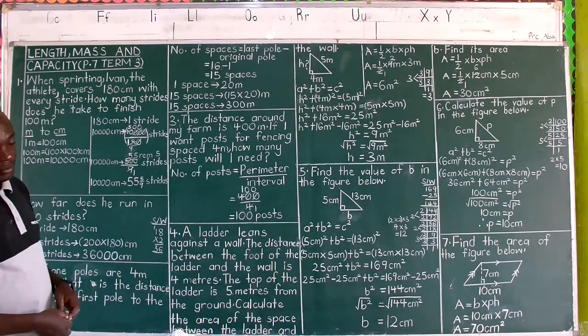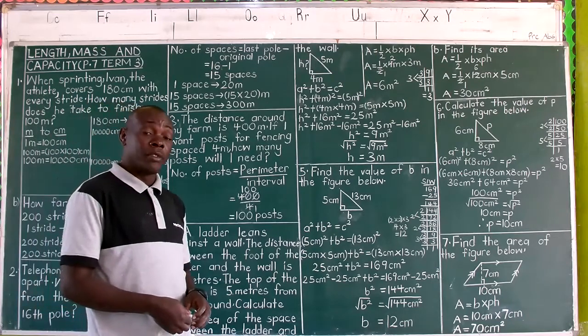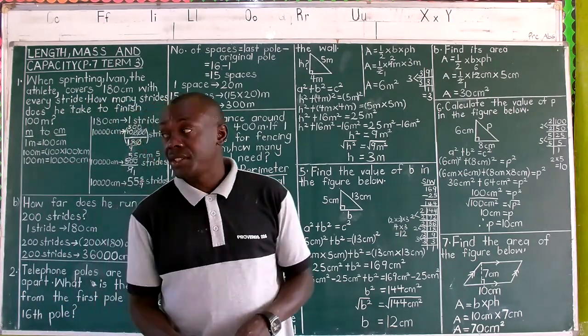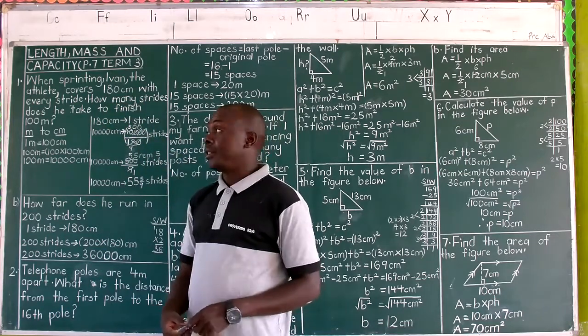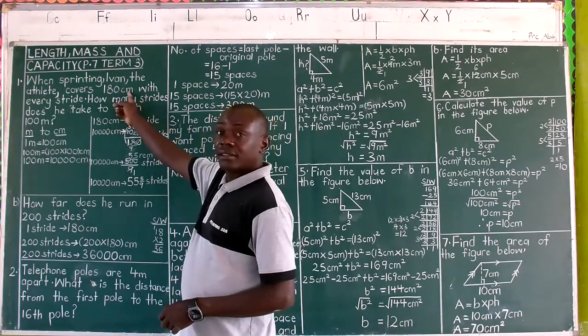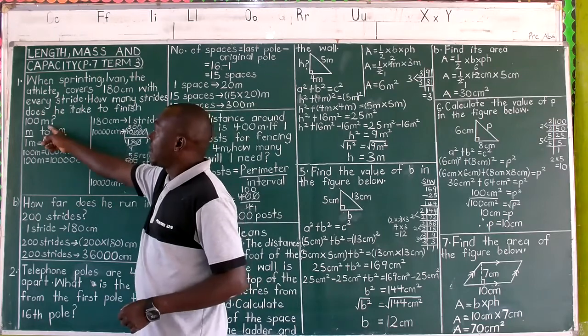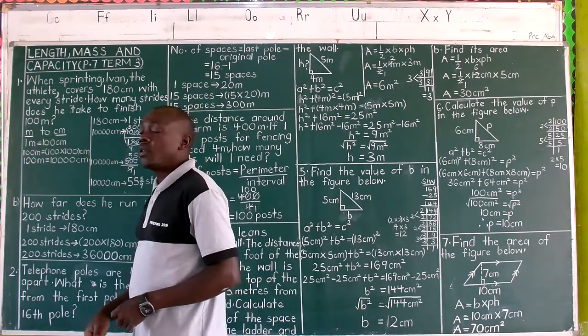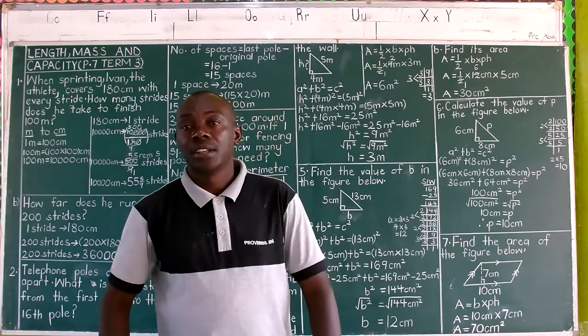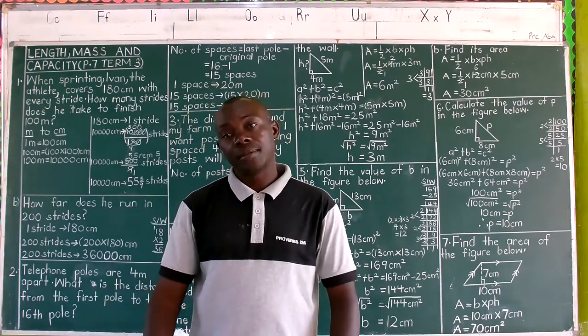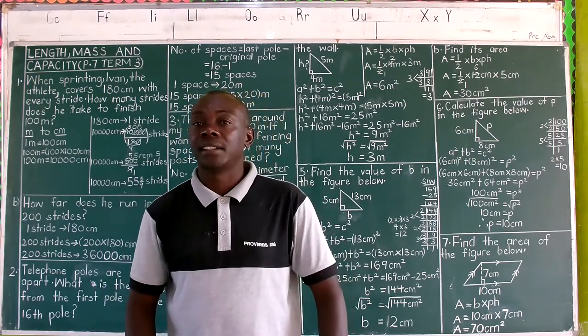Now, the problem we have here is that you have 2 different units. You see centimeters here? Yes. You see meters here? Yes. So whenever I've got 2 different units, we harmonize them, we ensure they are the same before anything is done.